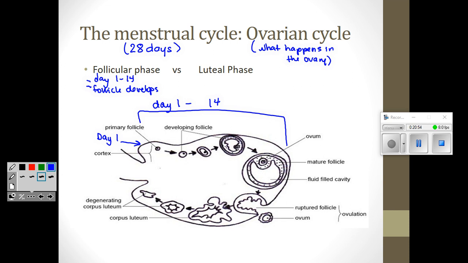Now, there will be a spot on any picture of what's going on with an ovary where you will see, like you see here, an ovum coming out of the ovary. This is ovulation, and this is supposed to happen on day 14, right in the middle.